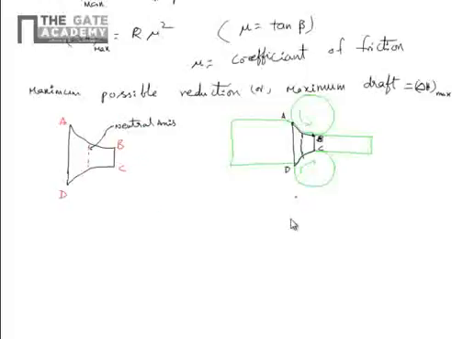So velocity at the entry point, A is the entry point, B is the exit point, so here we can give E and F. E and F is the neutral axis.